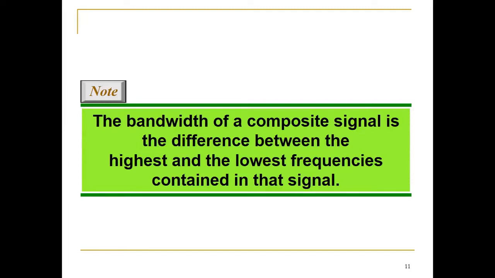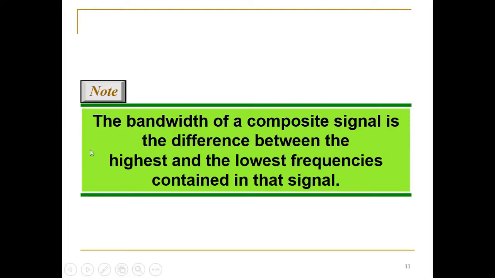So, in a sense, if you want to look at bandwidth from an amplitude and frequency point of view, the composition of the signal and the difference between its highest peak and its lowest peak would determine the bandwidth capacity of that particular frequency transmission, in a way what you term as a bandwidth.